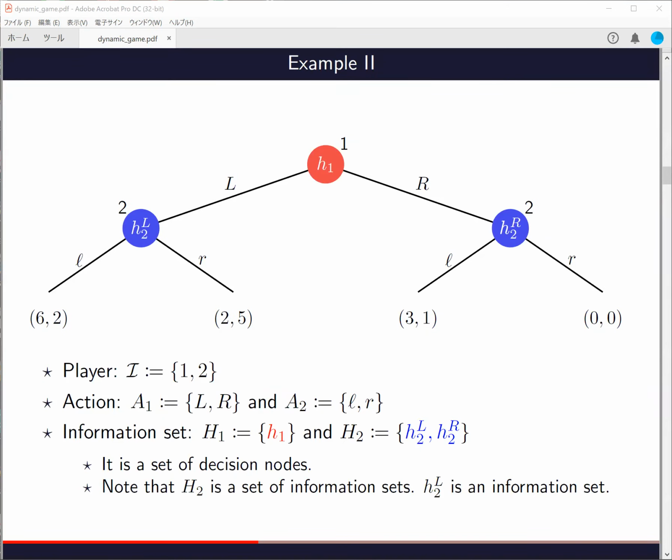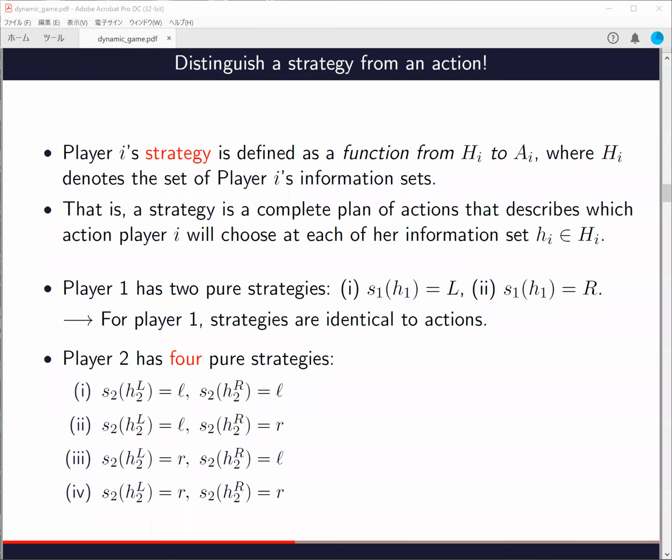The set of information sets for player 1 consists of H1, and the set of information sets for player 2 consists of H2L and H2R. Note here that each decision node corresponds to an information set. And so H2L is an information set, and H2R is also an information set.